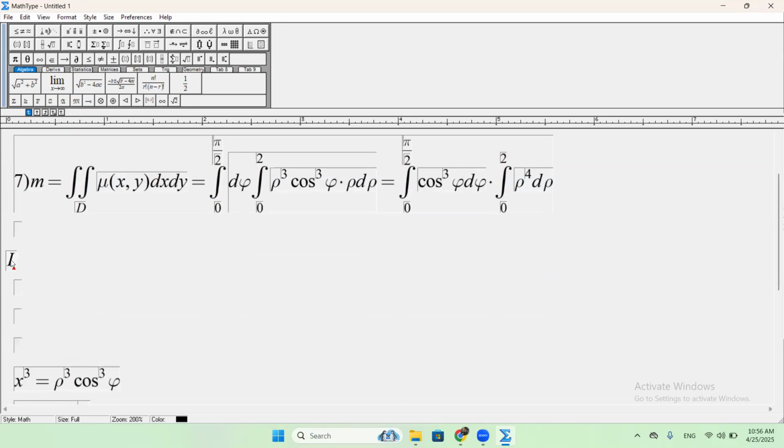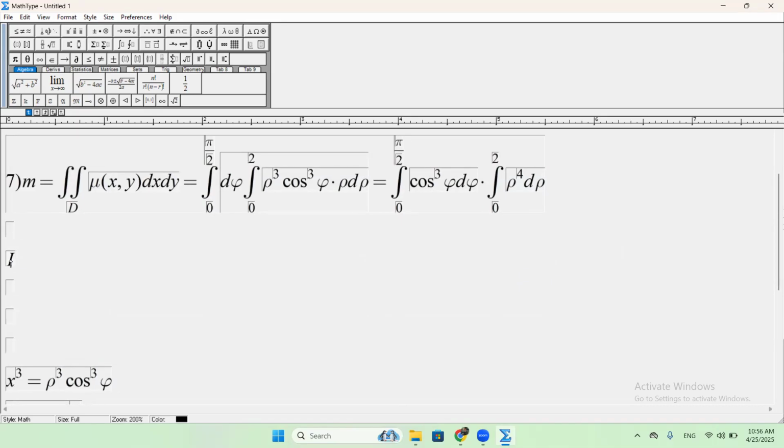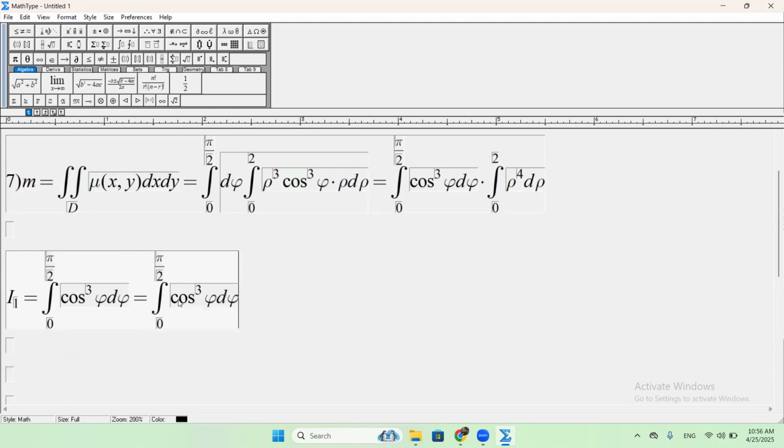So I1 will be equal to this integral. How can we simplify it?